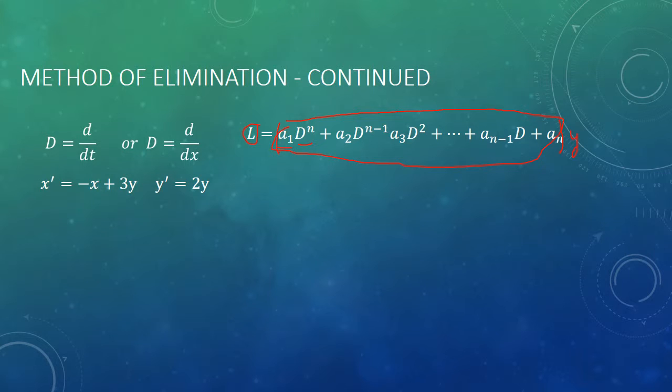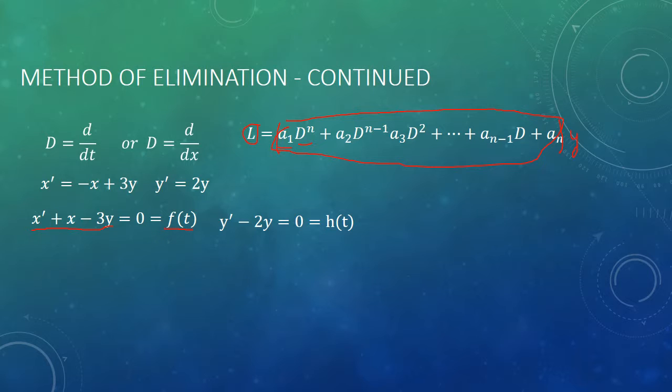So what we're going to do is take the method of elimination that we used earlier and write it in a little more sophisticated form that will help us solve more challenging differential equations or systems of differential equations. So what I'm going to do is rewrite both equations in this form. So I have some derivative of x, and that's equal to some function.